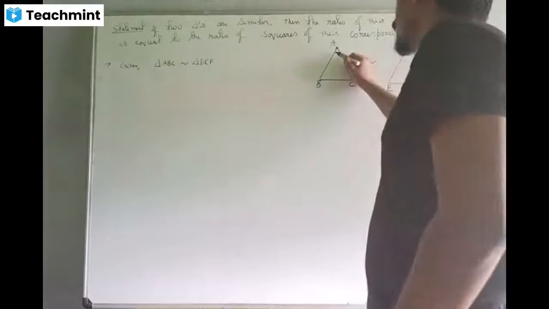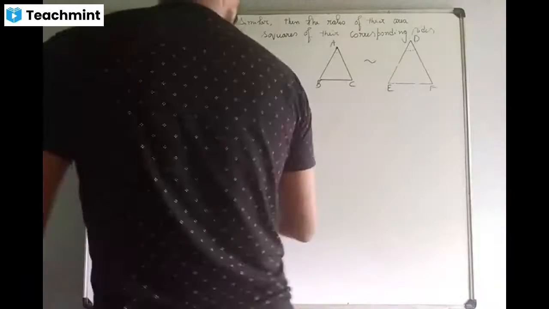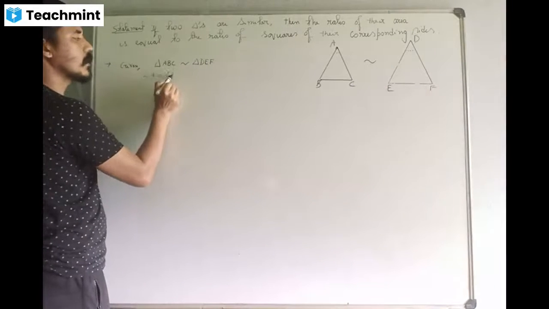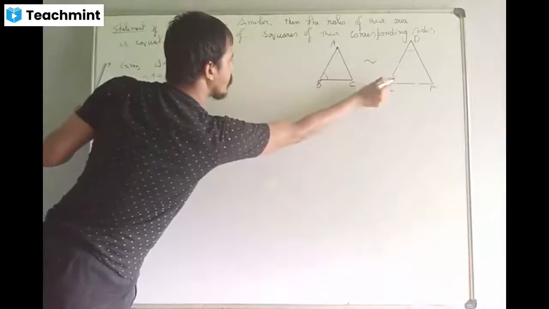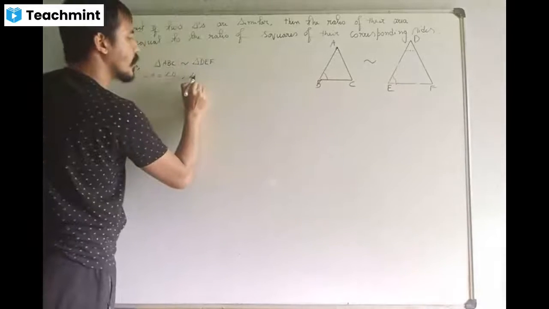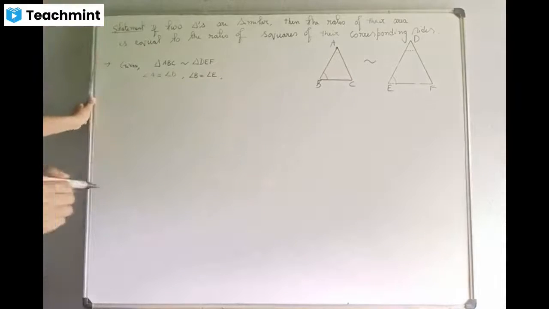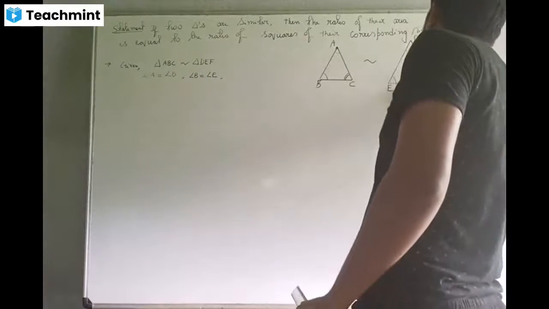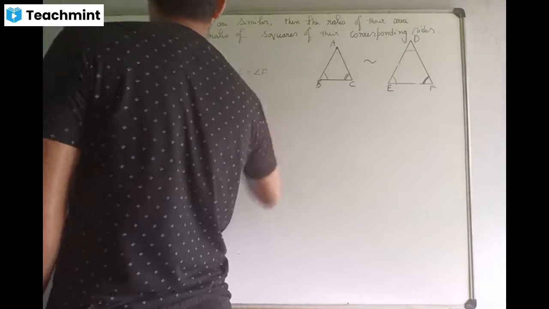Means here your angle A corresponds to angle D. So we can say that angle A is equal to angle D. Here your angle B corresponds to angle E. So we can say that angle B is equal to angle E. And the third one is, here your angle C corresponds with your angle F. So we can write angle C is equal to angle F. Okay.